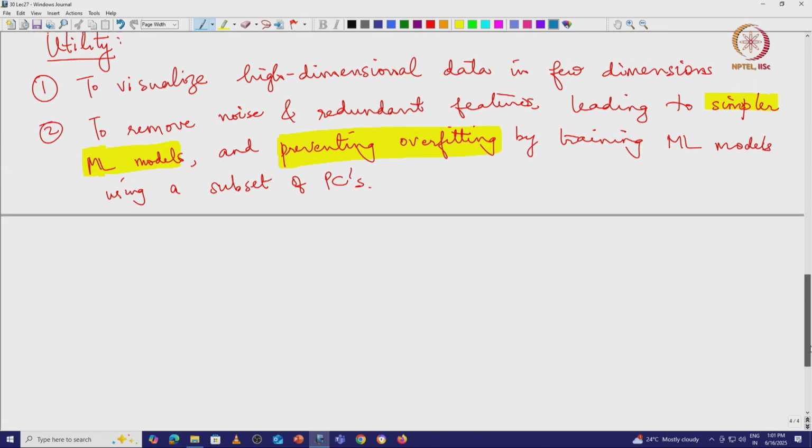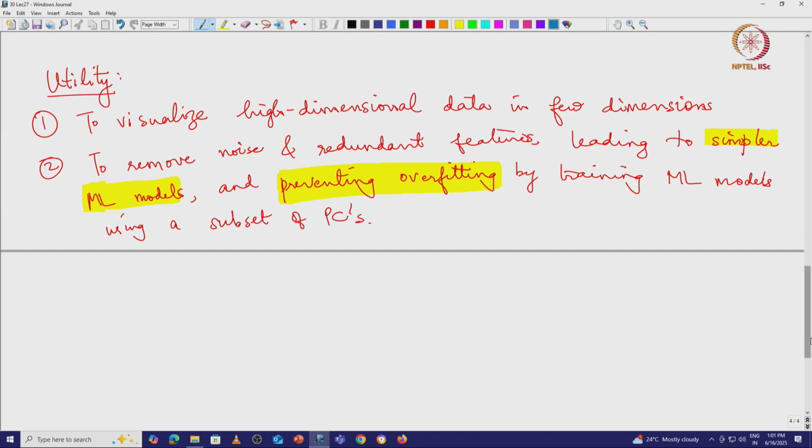Okay. So, how is this principal component analysis done, right? Mathematically, it can be shown that you just have to carry out what is called eigenvalue decomposition of the covariance matrix, right.